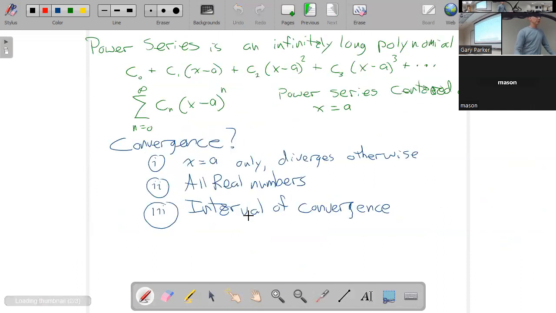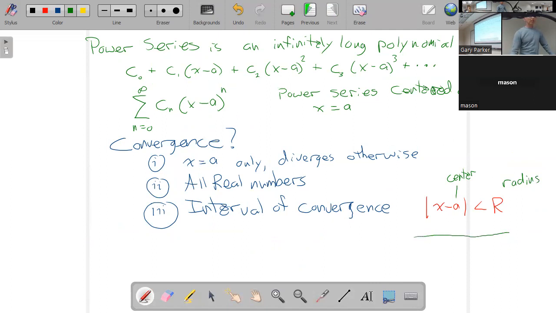So a little more note on this. As far as an interval of convergence, that's going to look something like this. The absolute value of x minus a is less than r. So that's the basic interval. Here a is the center of the interval, and r is the radius of the interval. So if we look at a number line, right in the middle is that value a that we're centering at.